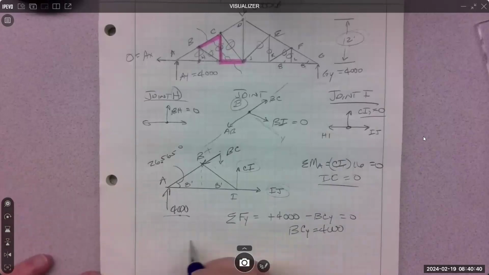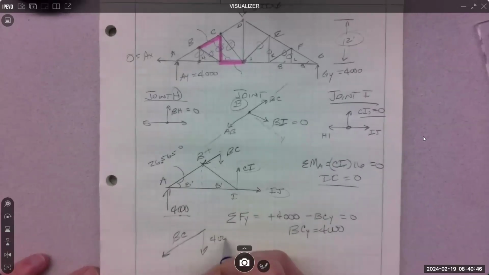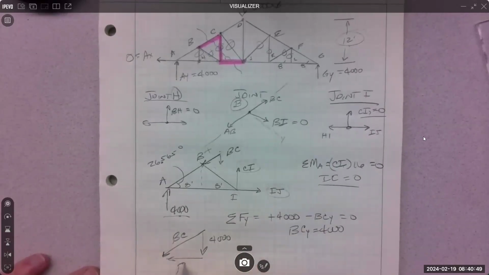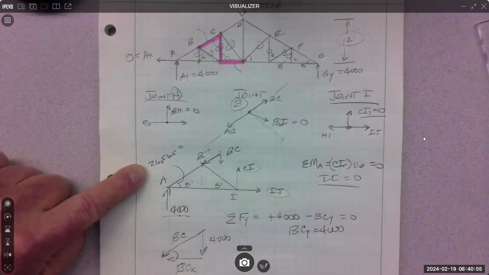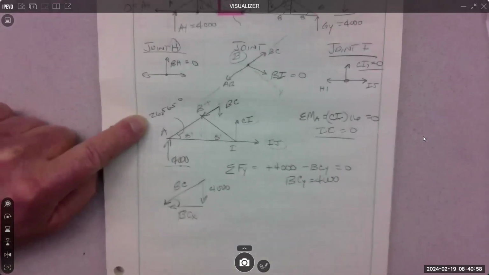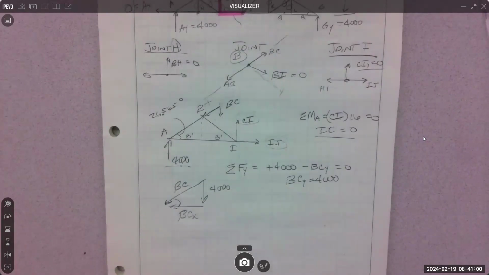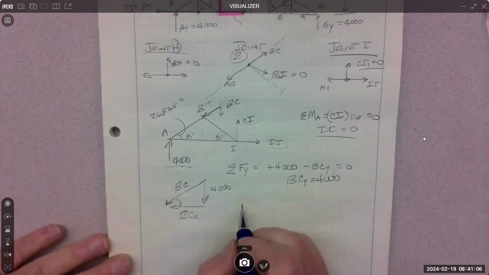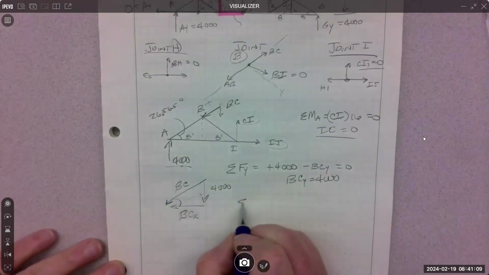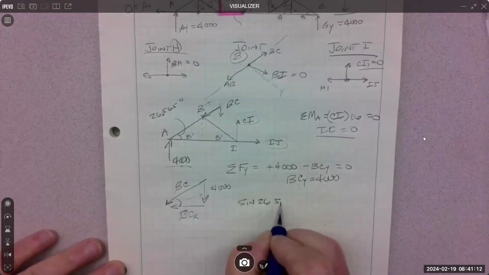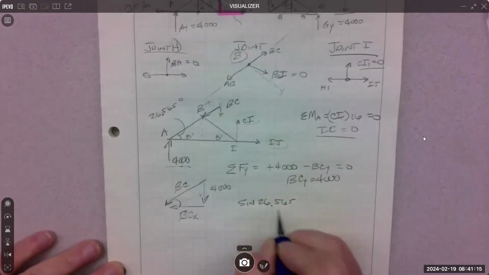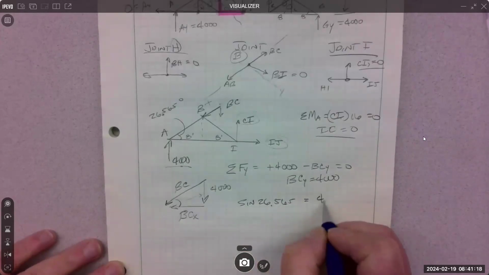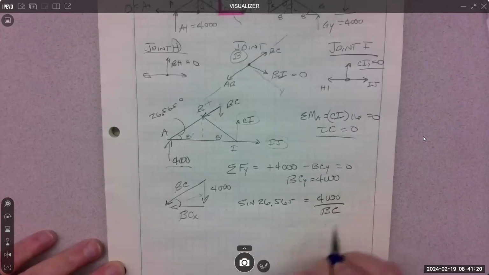So that means, okay, let's just draw BC, right? BC and the 4,000 and BCX and our angle, which we have, 26.565. And we can solve for BC. So I'll use the sine again: sine of 26.565 is equal to 4,000 divided by BC.